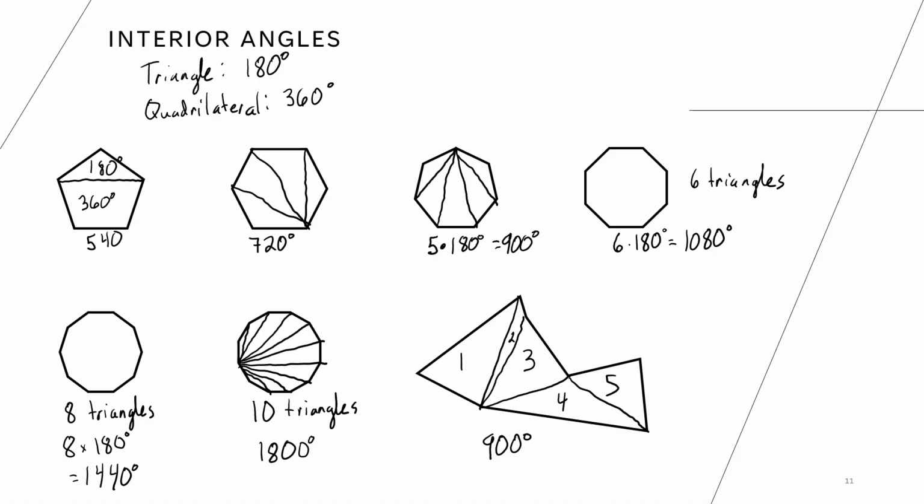This brings us to a pattern. Notice the number of triangles. How does that relate to the number of sides? Hopefully you've noticed it. It's 2 less than the number of sides.